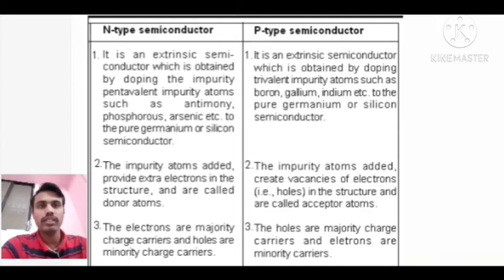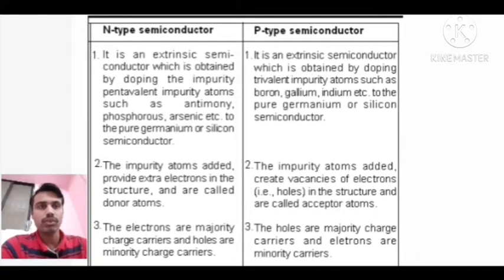That's why when these atoms are added to the intrinsic semiconductor structure, there is always one valence electron left, and this extra electron will move in the semiconductor structure to give extra current flow in that n-type extrinsic semiconductor.